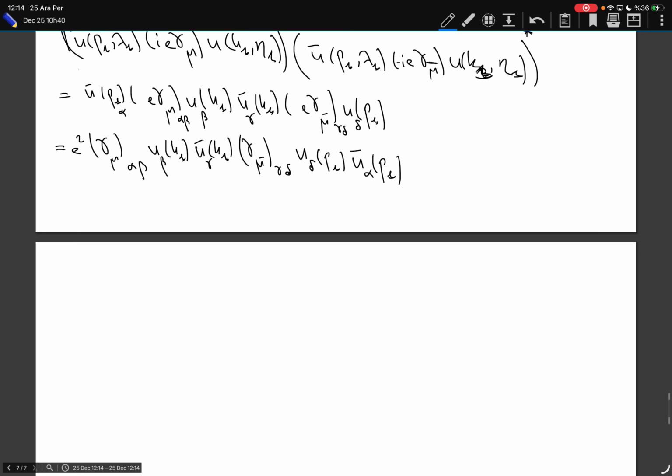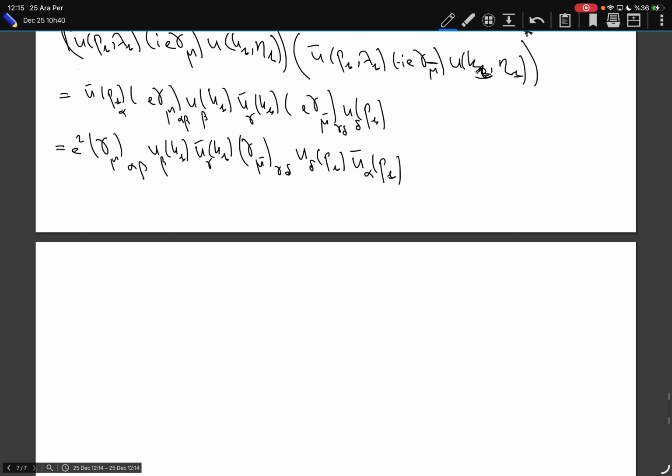Now what else? There's nothing much I can do after this point. I just have to take the explicit forms of u and u bars, put them over here, and then calculate them. But in general, when we are colliding electrons, we don't polarize them. It's half a mixture of positive helicity, half negative helicity.